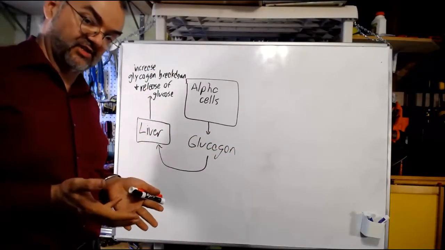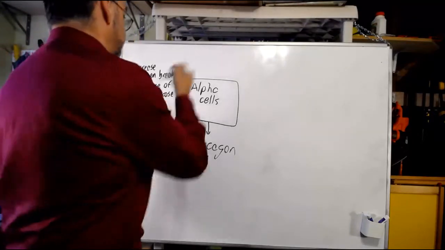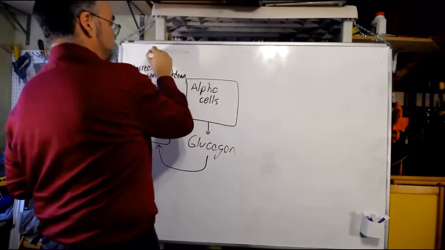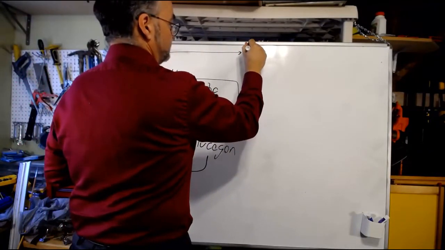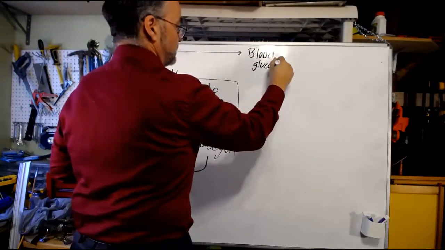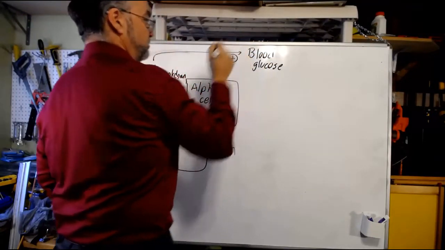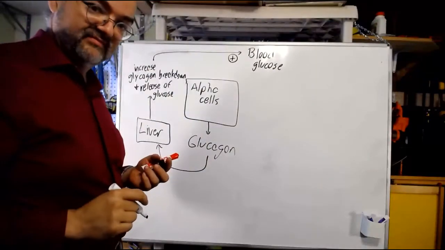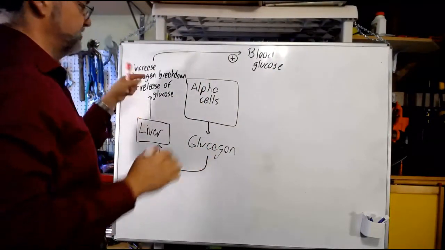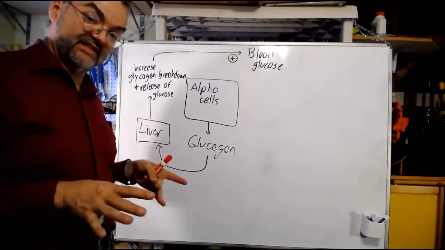Increase the breakdown of its glycogen and release that glucose into the blood, the effect of which will be, do this over here, to increase blood glucose.